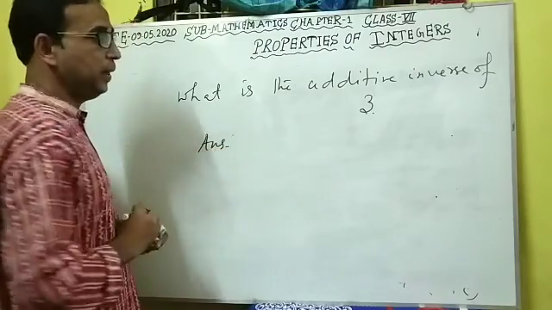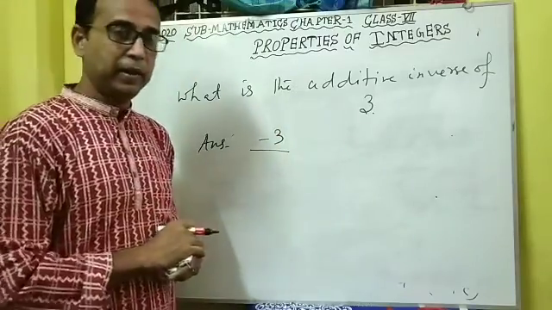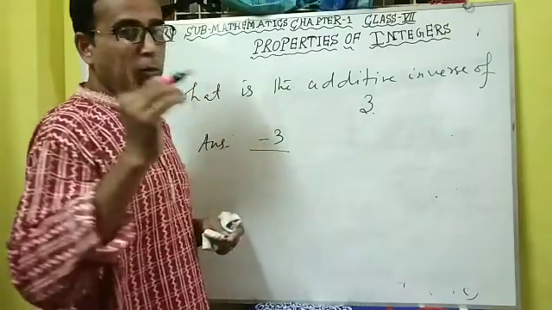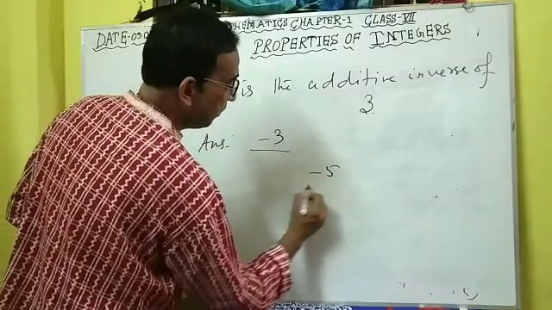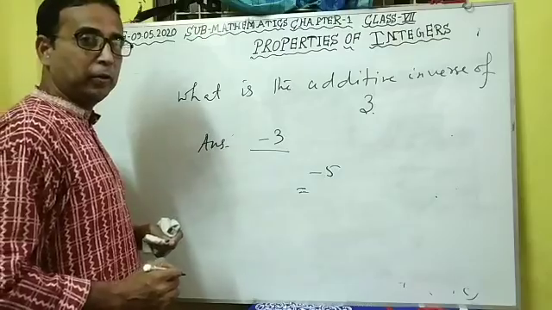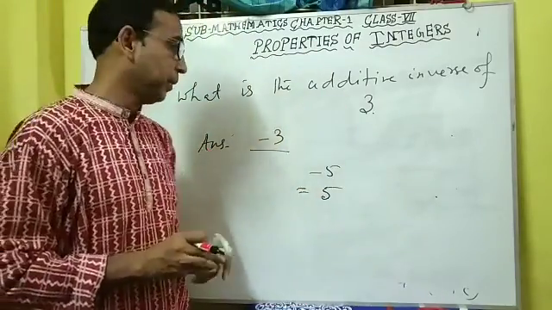The answer is -3. Okay. Similarly, what is the additive inverse of -5? The answer will be 5. Okay.